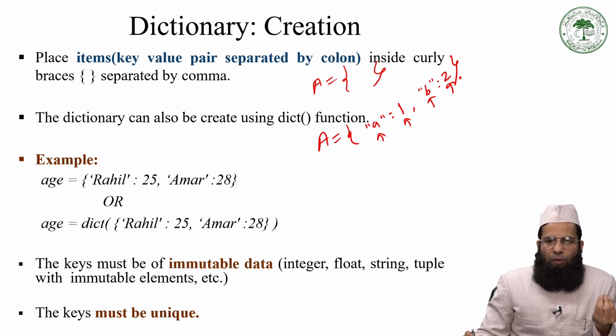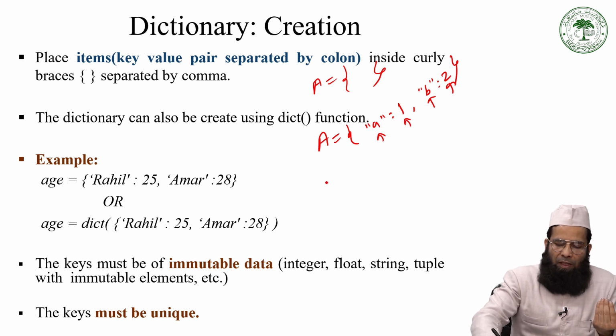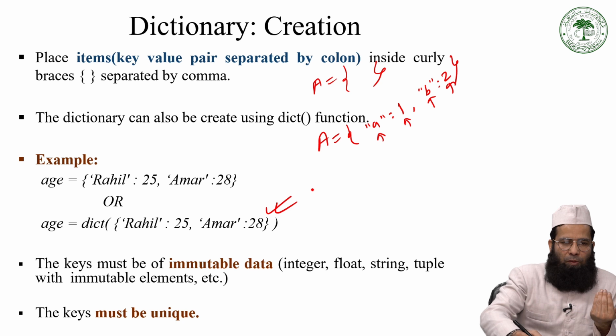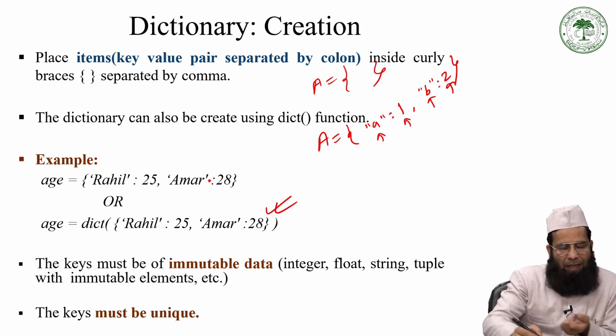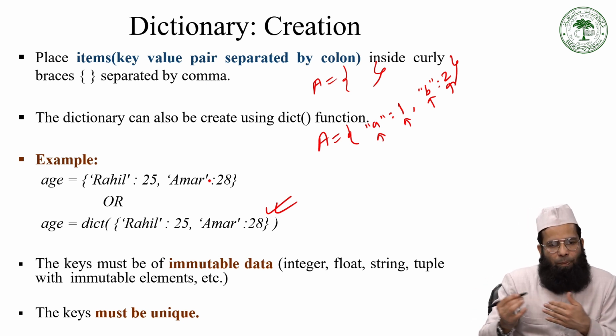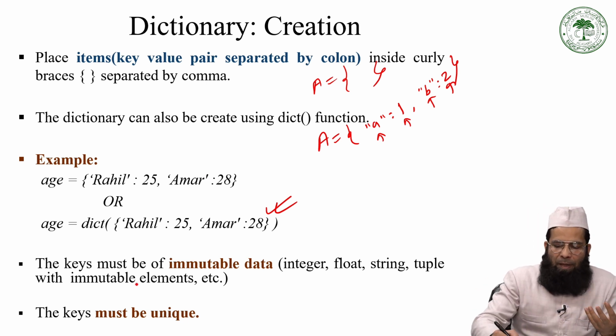The dictionary can also be created using the dict function. So there are two different ways to create a dictionary: either directly using curly braces, and inside the curly braces you include key value pairs, or using the dictionary function. The keys must be immutable data.